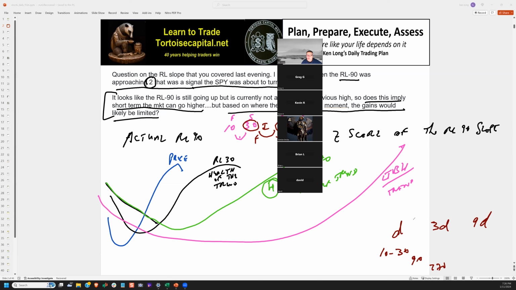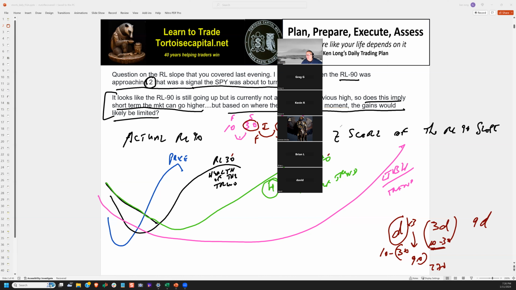Well, if you multiply that daily chart by 3, the 10 and the 30 on the 3-day is the 30 and the 90 on the daily. So it's fractal. If you're looking at the daily and you want to see what the 10-30 pair looks like on the 3-day, because it's fractal, you can just look at the current chart and look at the 30 and the 90. So that's pretty important.